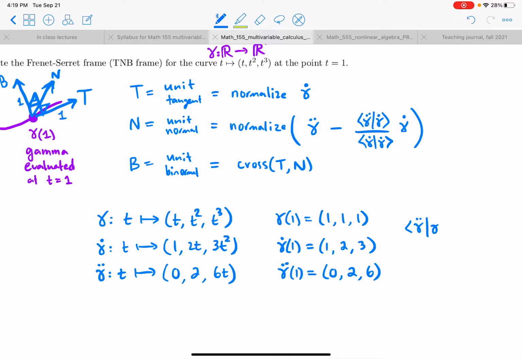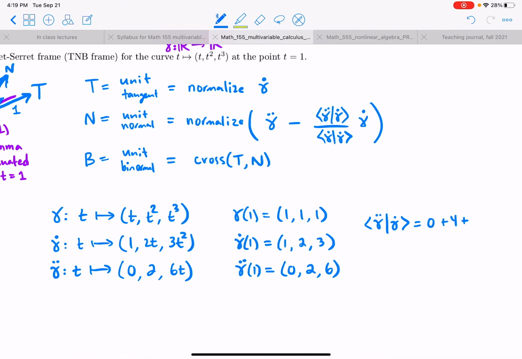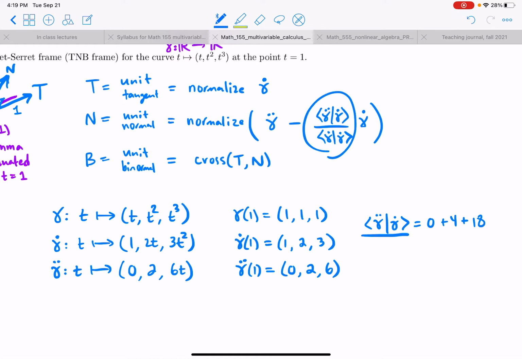Gamma double dot with gamma dot will give this dot product, so what do I get? Okay, and then I have to divide that by gamma dot with gamma dot. That's quite silly. It's the velocity dot product with itself. And so that will give another number from this vector dotted with itself.